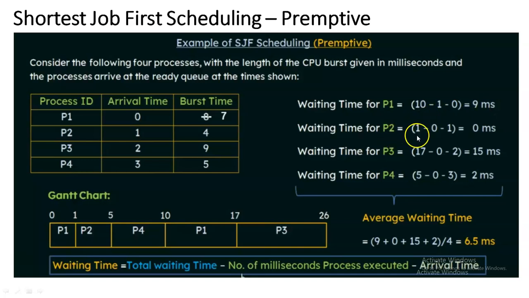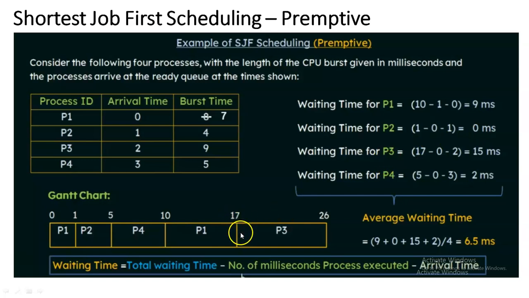For P2, the left side is 1, so it is 1 minus the number of milliseconds executed already. P2 has not been split. It has executed in one go, so there is no already executed part, so it is 0. Minus the arrival time of P2, which is 1. So the waiting time of P2 will be 0. For P3, the left side is 17.